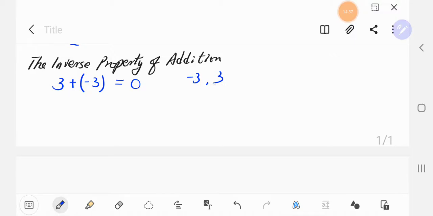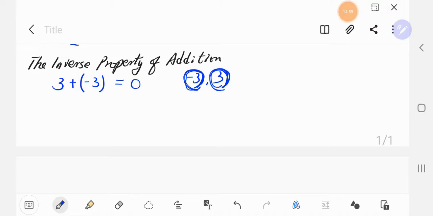These two numbers are called additive inverses, so 3 is the additive inverse of negative 3, and negative 3 is the additive inverse of 3. So a number and its additive inverse, when you add these two numbers, it will become 0.